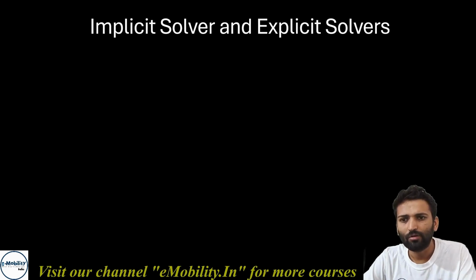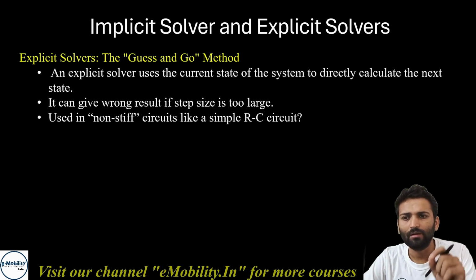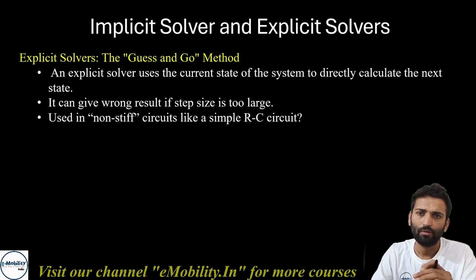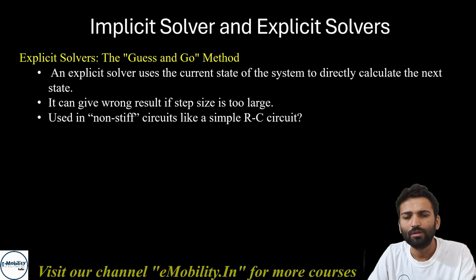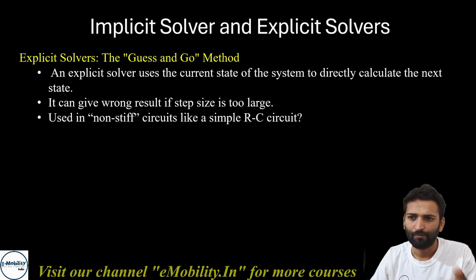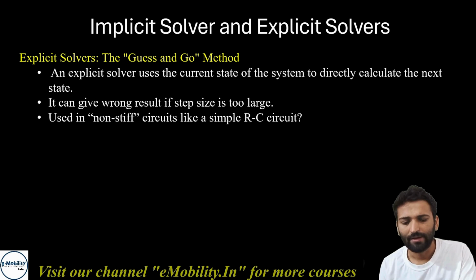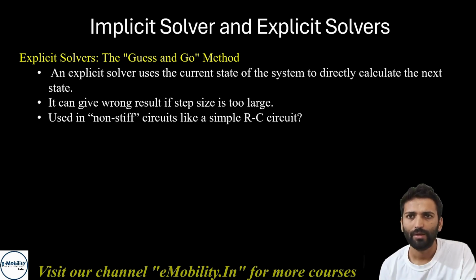So implicit solver and explicit solver are two different kinds of approaches used for the particular solvers. Right now what we have learned is that there are fixed step solvers and variable step solvers.